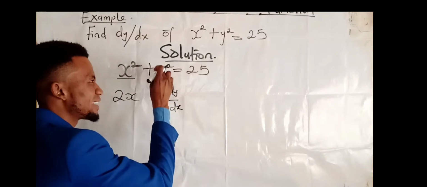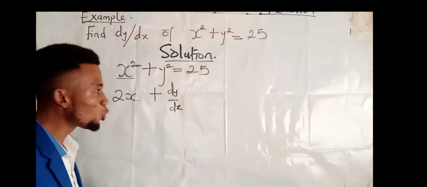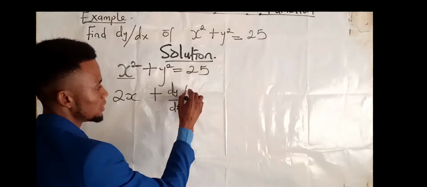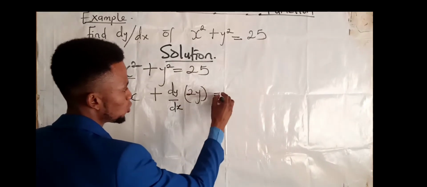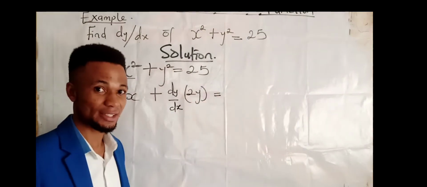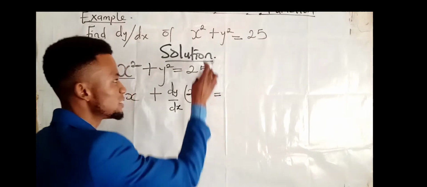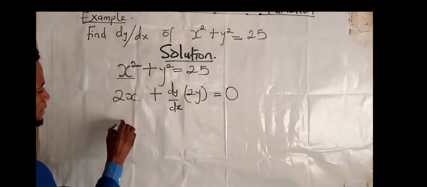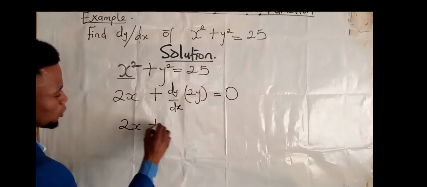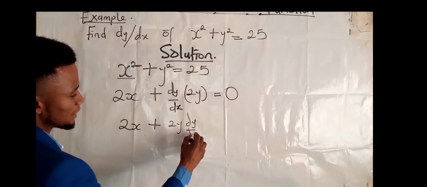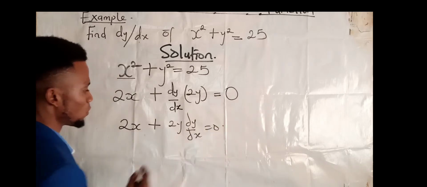So now I want to differentiate y. If I differentiate y squared, this gives me 2y is equal to, now look at this, 25 does not have x, it does not have y as well. So this is a constant. This is going to give me 0. So from here, this gives me 2x plus 2y dy over dx is equal to 0.